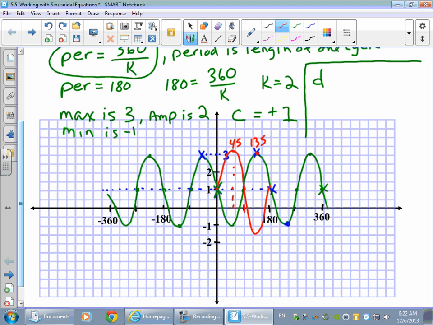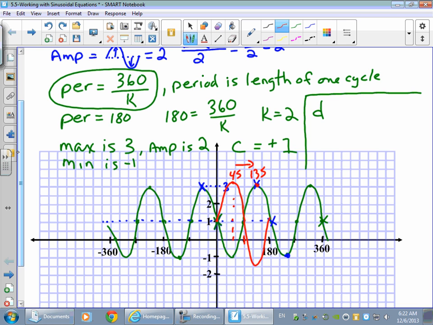And so my whole graph has shifted that direction 90 degrees. And so if I'm shifting to the right 90 degrees, that means D, again, sort of the opposite value, negative in this case, -90.